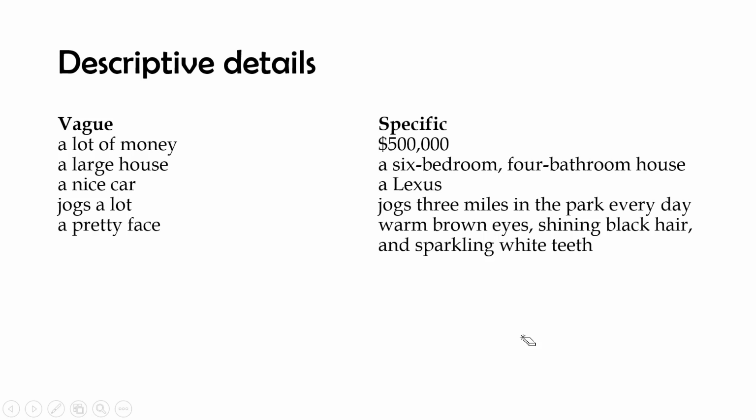A nice car is a general thing, while a Lexus is a specific thing. Jogs a lot is general. Jogs 3 miles in the park every day is the specific one. A pretty face is also general. Warm brown eyes, shining black hair, sparkling white teeth is a specific one. So use specific details instead of vague or general ones.